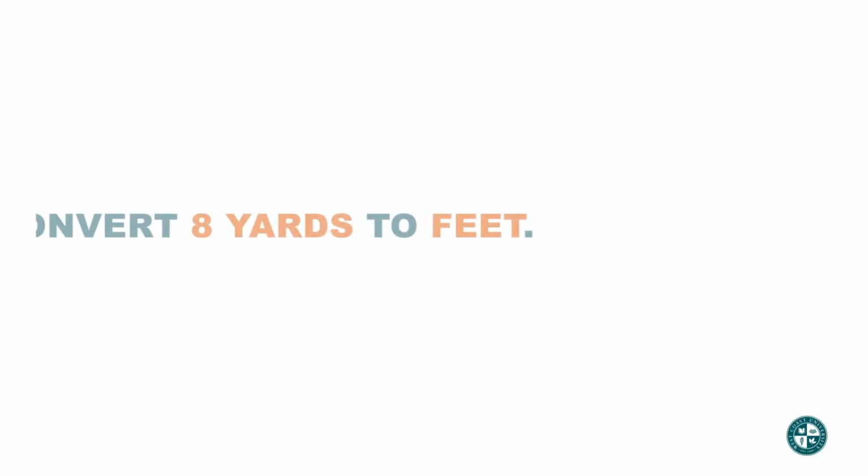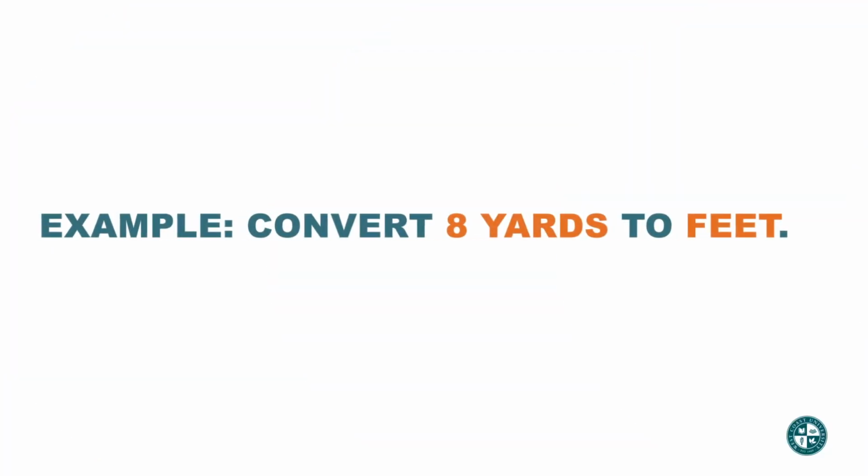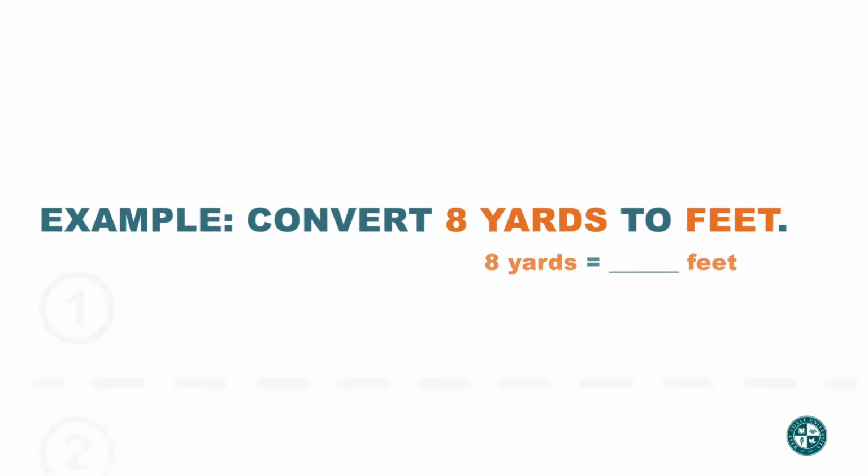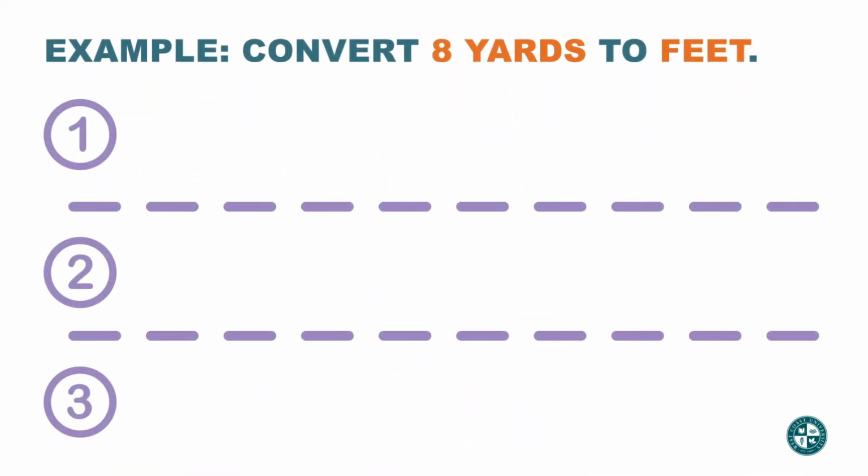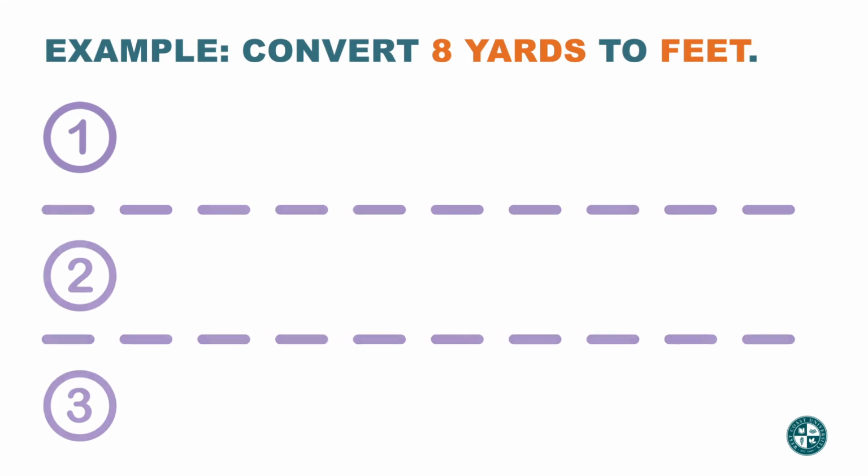For example, convert 8 yards to feet. Now, I'm a visual person, so when I saw these instructions, I quickly visualized this in my head: 8 yards equals blank feet. So I want to know how many feet will be in 8 yards. First step.